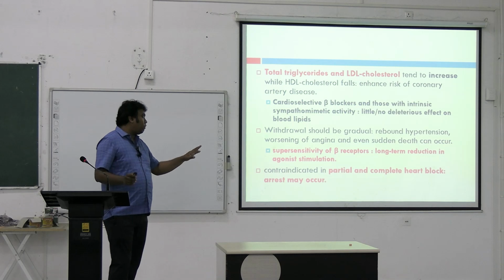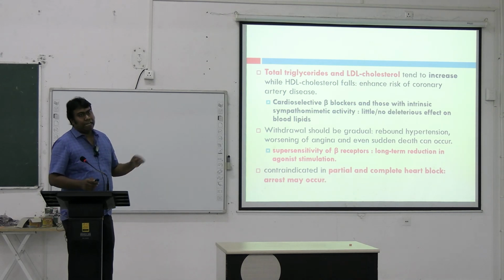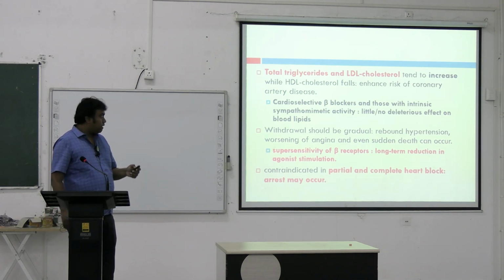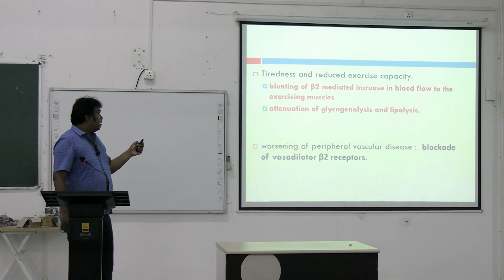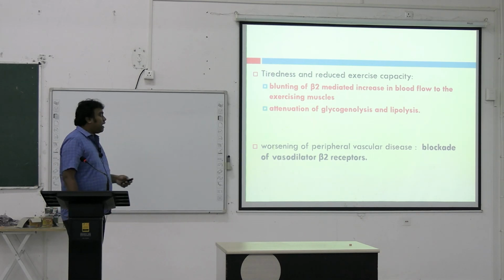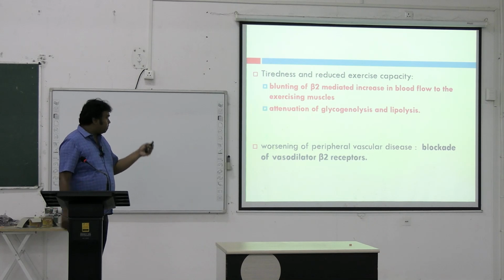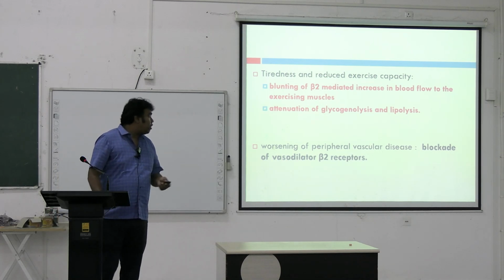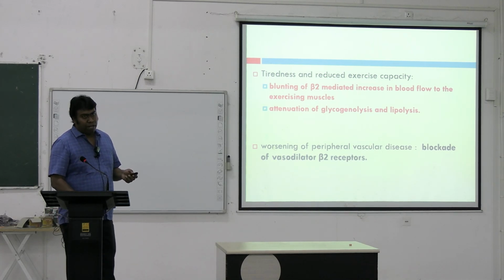In partial and complete heart block, they can lead to cardiac arrest. Beta 2 mediated blood flow is reduced. They can reduce exercise capacity through attenuation of glycogenolysis and lipolysis.